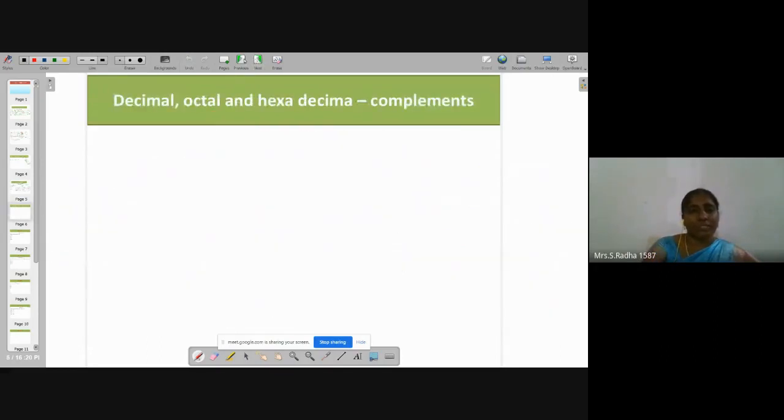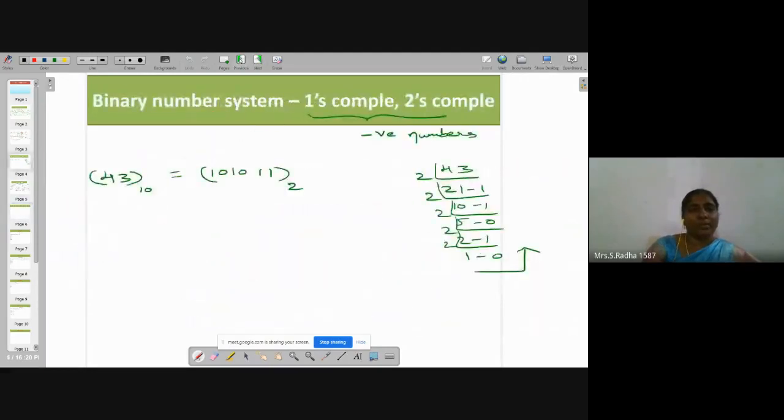Now coming to the binary number system. For 43, we had the equivalent binary. This is unsigned representation, because it is 43.